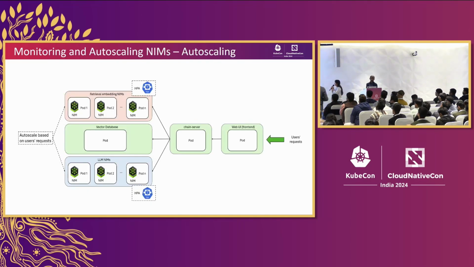Lastly, we'll talk about auto-scaling a bit, because ultimately, when you run something in production, it has to be scaled up or down, not only for user experience, but also to make sure our resources are efficiently utilized.